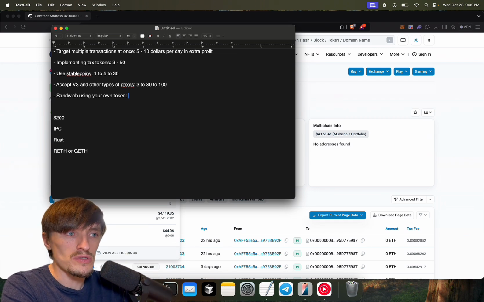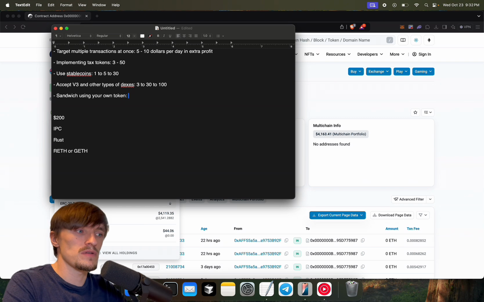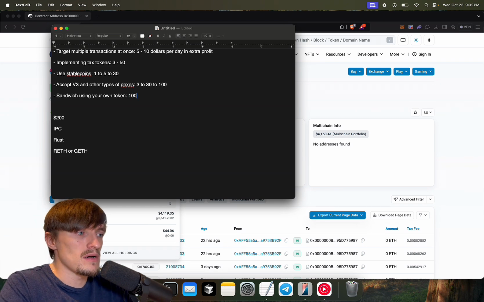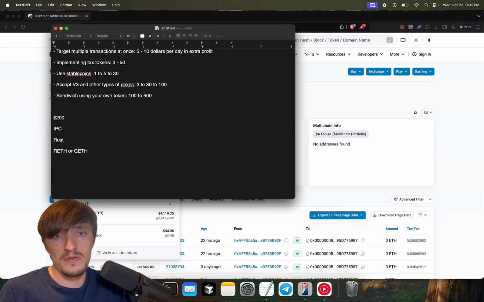But when you use other tokens like Pepe or anything that's been released recently, there is pretty much zero competition, and there's a lot of activity. Many users are selling and buying specific tokens, and when they sell, you make a profit. So this, I would say, $100 to $500 per day, depending on the token, of course.